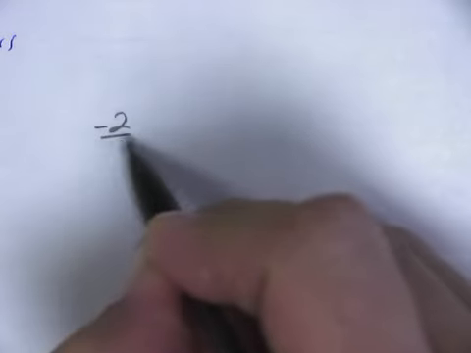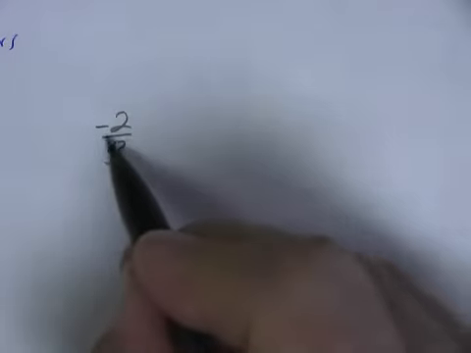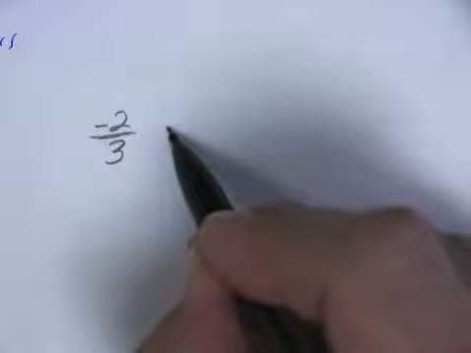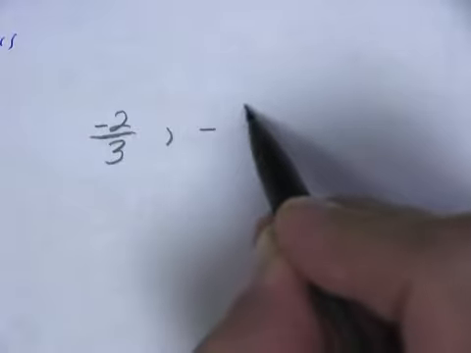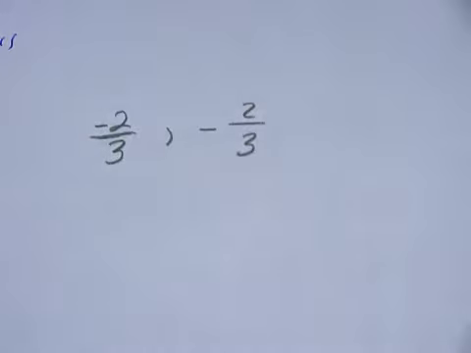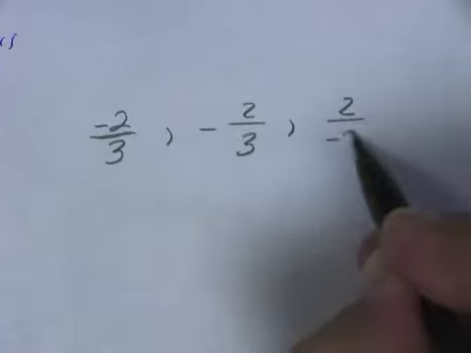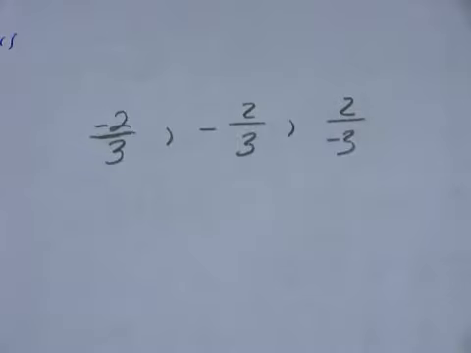Let's do another one. Let's say I do negative 2/3. Okay, the negative is with the 2 right now. Well, I could also write that with the negative out in front, and I could put it down with the 3. And it would mean the same thing. Let's do one more.